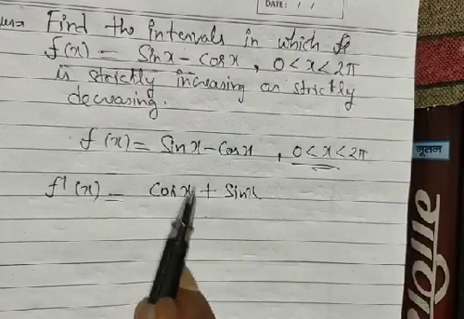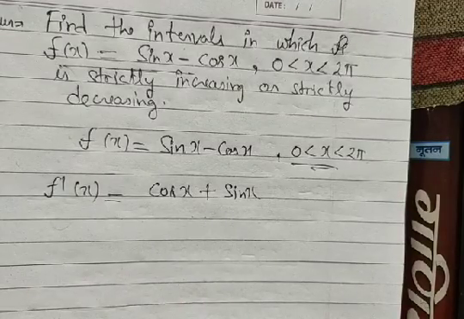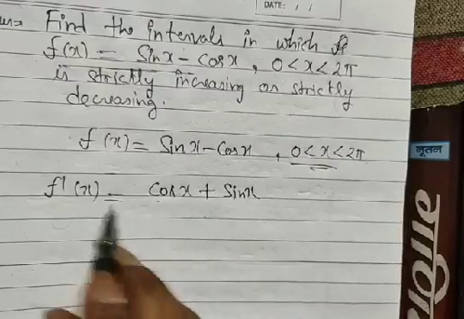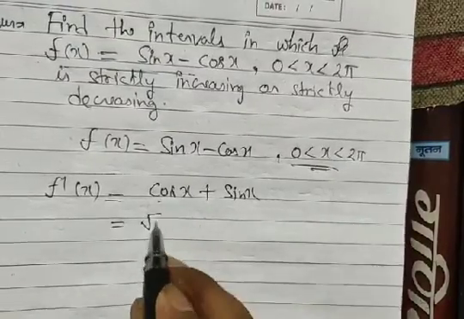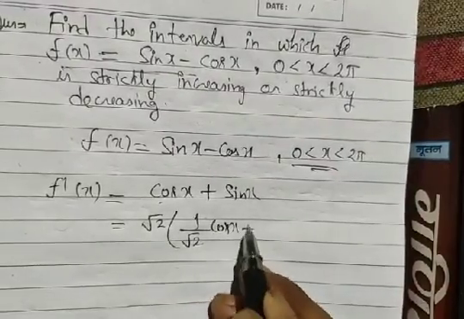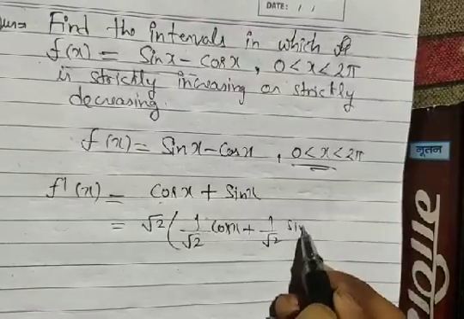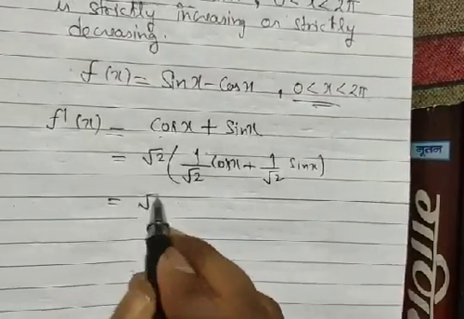Then after dividing by cos x, we get the form of tan x, then we find the general value. But we can also simplify it: whenever we have cos x plus sin x, we can write it by multiplying and dividing by root 2.